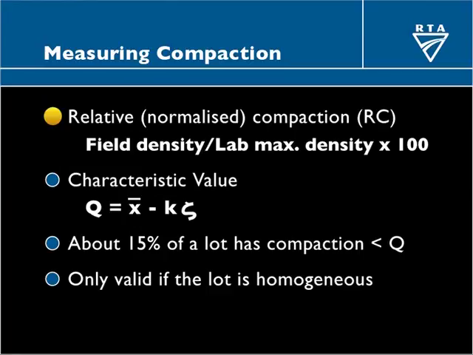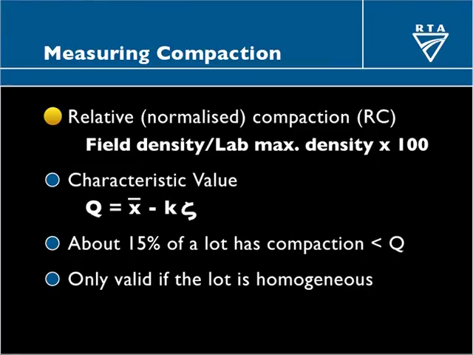And it can be done at either standard or modified compaction as the laboratory density. Our specifications normally use standard compaction, but under some circumstances modified compaction may be used. In other areas, other states, modified compaction is more commonly used.